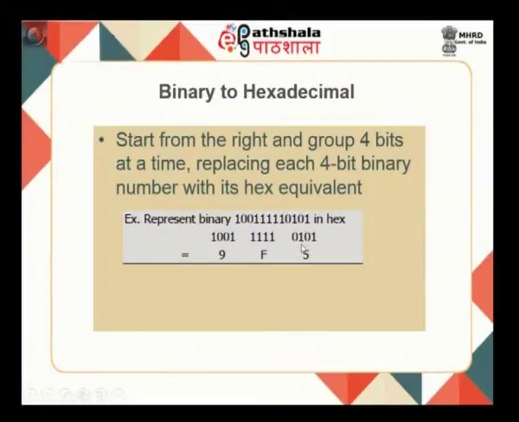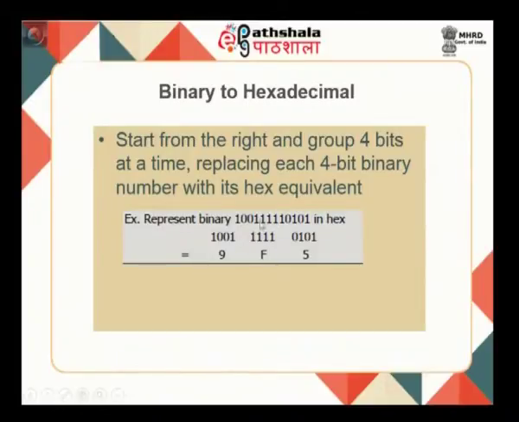So, I will call this number 5 in hexadecimal, whereas 1111 is nothing but 15, which I will represent as F in my hexadecimal number. The same way here, 8 plus 0 plus 0 plus 1 is 9. So, the hexadecimal number is given as 9. Now, I can say 9F5 is equivalent to this binary number.